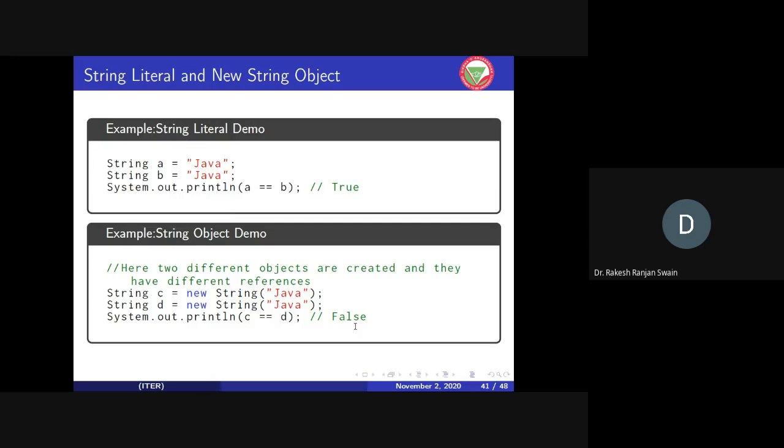So that is the difference between string literals and string objects. In both cases the equals method gives true, but with double equals you are basically checking the memory or reference pointer. That is the difference between a normal string literal declaration and a new string object declaration.